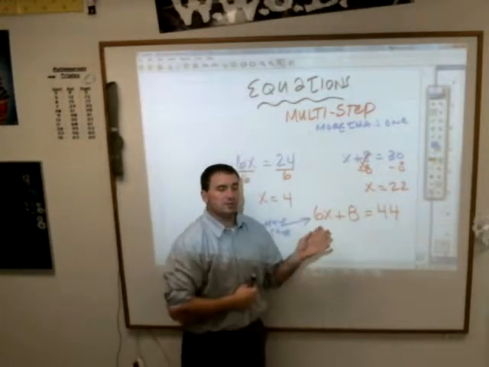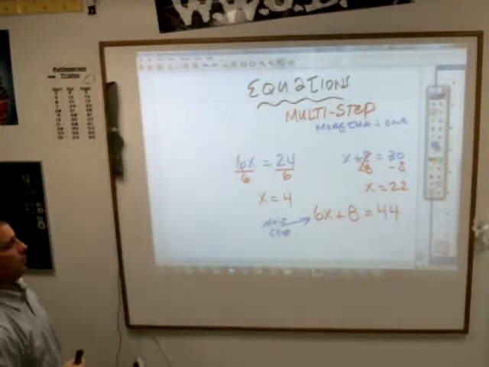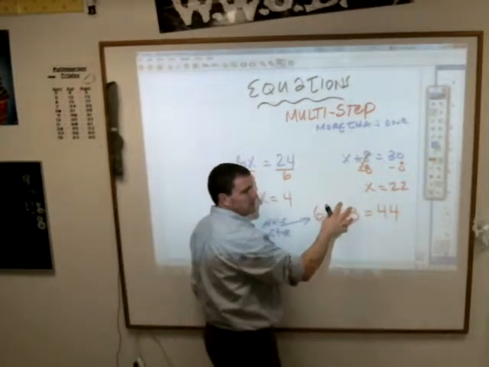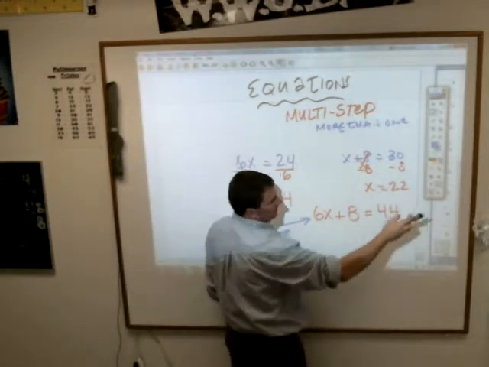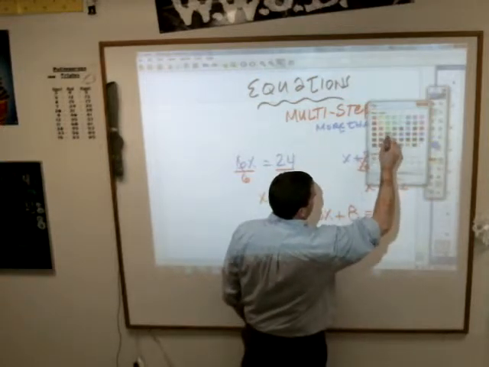Now, the most important thing about this that a lot of people forget or don't know or don't do right is that when it comes to multiple step equations, you have to do the addition subtraction stuff first. Unlike order of operations where you do that addition stuff last.